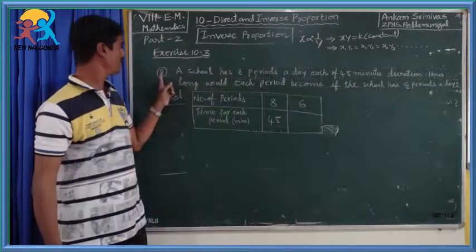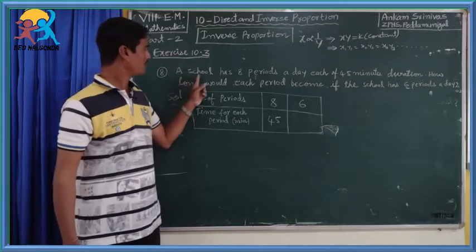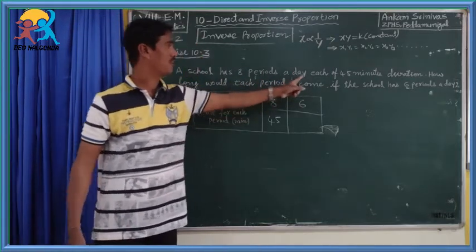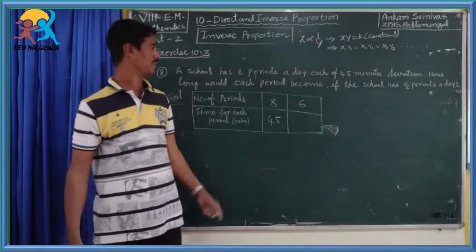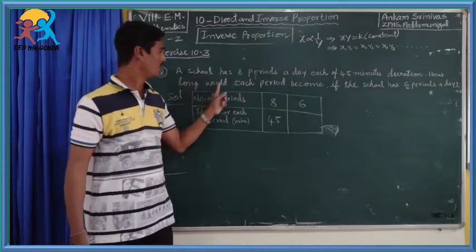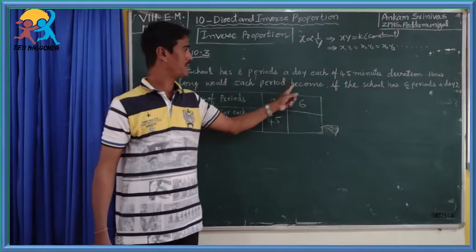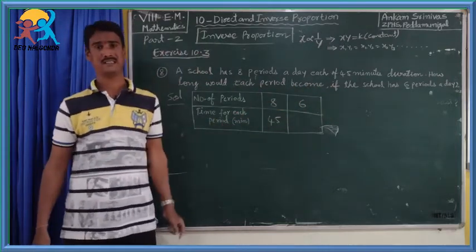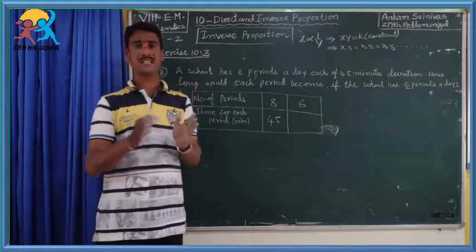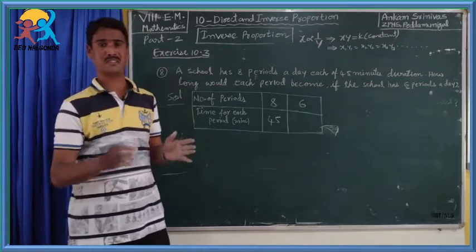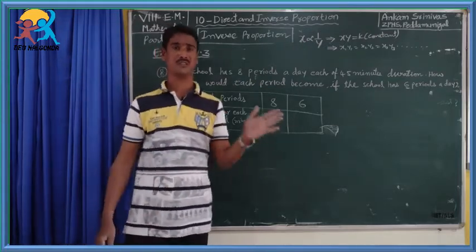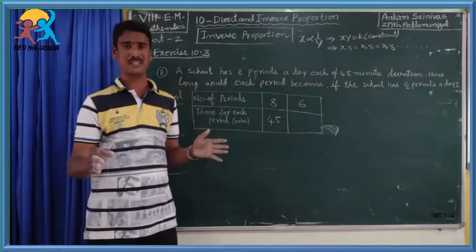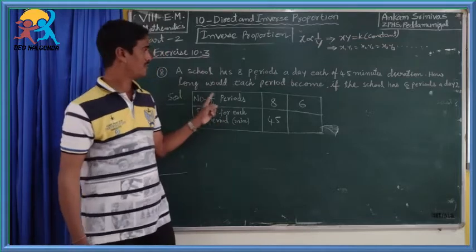Let's discuss another problem. A school has 8 periods a day, each 45 minutes in duration. How long would each period become if the school has 6 periods? The school duration is the same. Suppose the school runs from 9:30 to 4:30, the school time is the same.